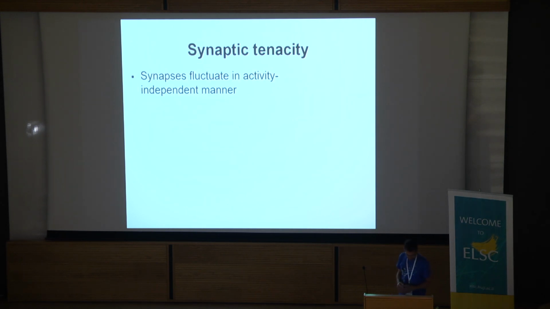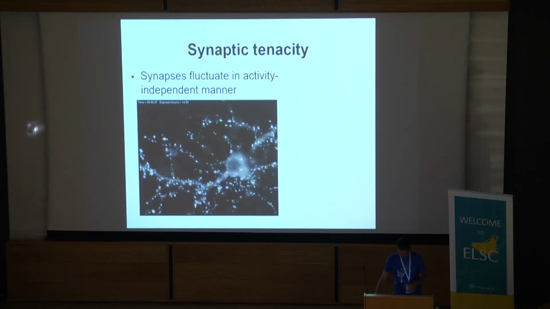And this was shown, for instance, in data from Noam Ziv's lab in the Technion, that even if you inhibit activity, so this is done in cultures with TTX, they can look at the individual spines, and then what you see is some spines disappear and others are formed, as we saw before.